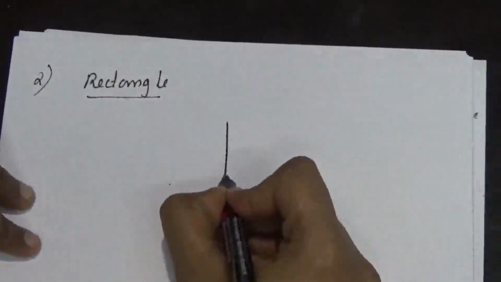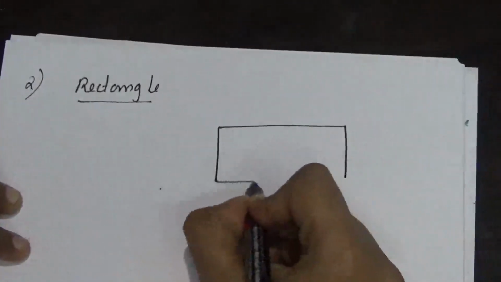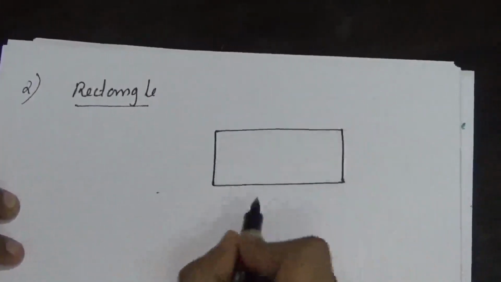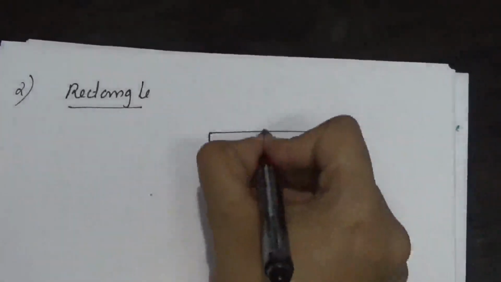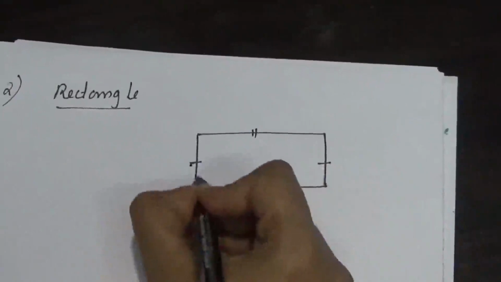So a rectangle is a quadrilateral in which opposite sides are equal and each angle is equal to 90 degrees.